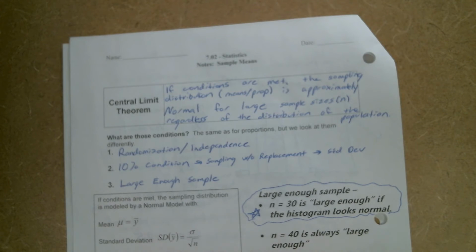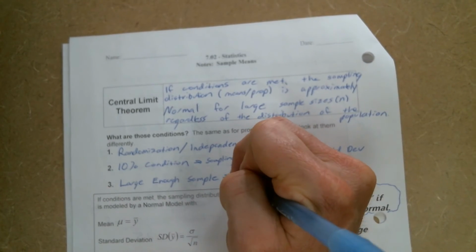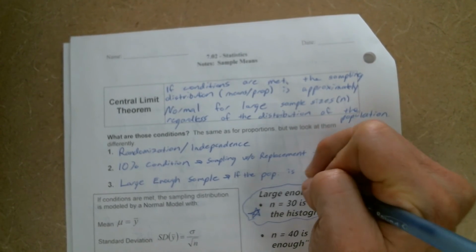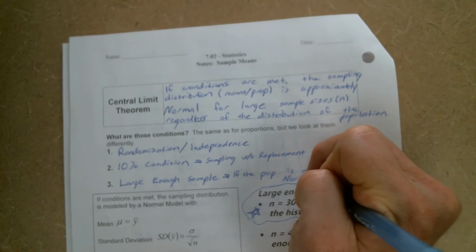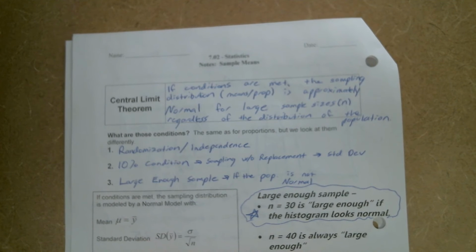All right. Now, the other thing, this really only applies if the population is not normal. If the population is normal, then we don't really need to worry about our sample size. But if the population is not normal, or the problem doesn't tell us whether the population is normal, then as long as n is 30, we don't care.